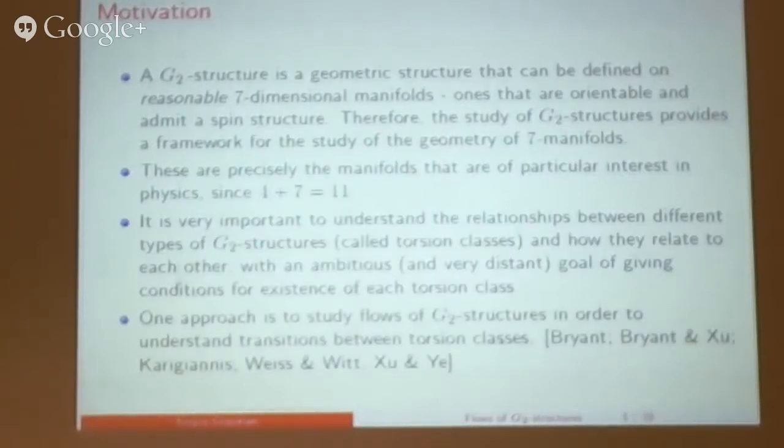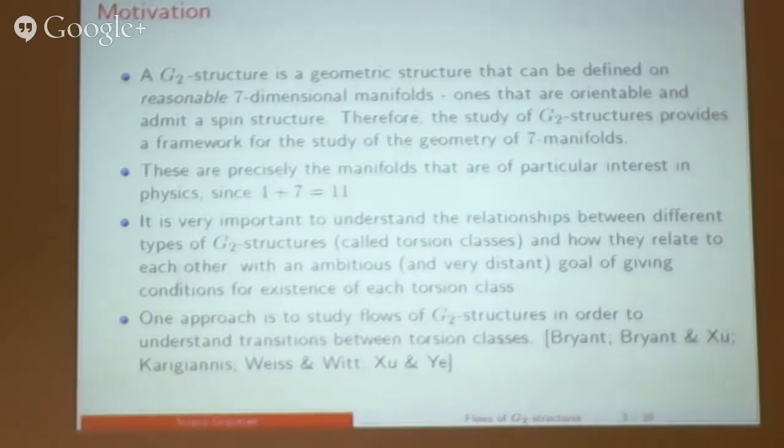Okay, so one of the approaches is to actually try and study flows of G2 structures. The idea is that we start off with some G2 structure that we know, and we try to modify it smoothly so that we eventually obtain some different kind of G2 structure. This kind of approach has been used in geometry and topology with quite a lot of success.